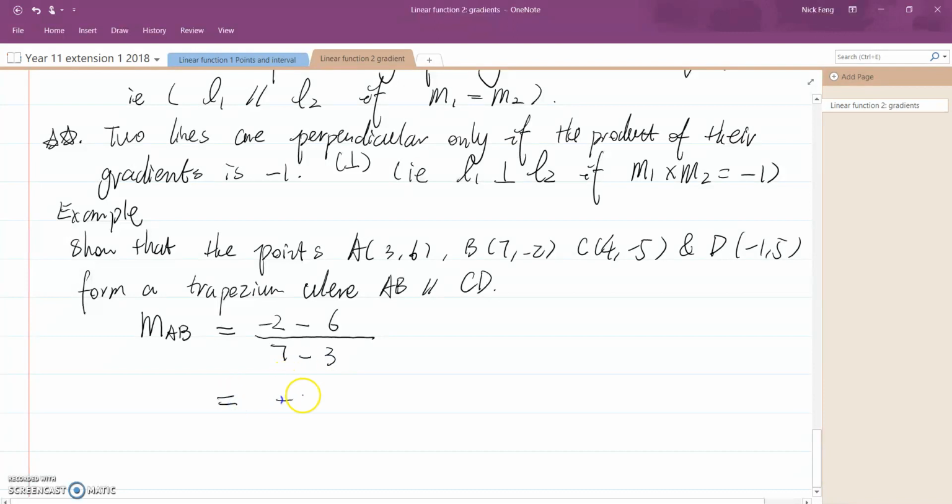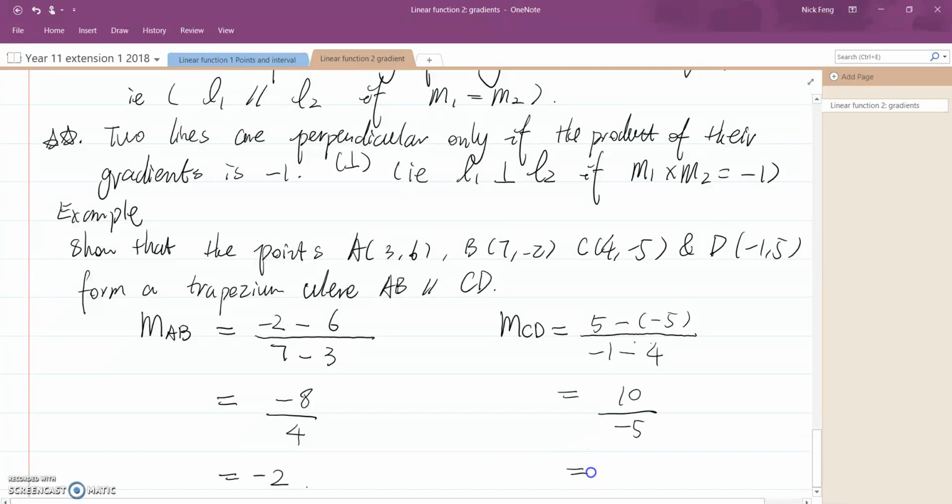So that is negative 8 over 4, that will give you negative 2. And the gradient of CD is, C and D is here, 5 minus negative 5 over negative 1 minus 4. The top gives us 10, the bottom is negative 5, which is negative 2.